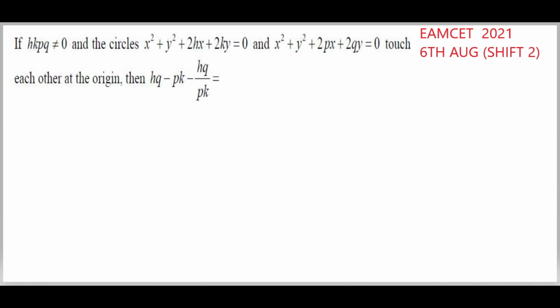If h, k, p, q not equal to 0 and the circles x square plus y square plus 2hx plus 2ky is equal to 0 and x square plus y square plus 2px plus 2qy is equal to 0 touch each other at the origin, then the value of hq minus pk minus hq by pk is.